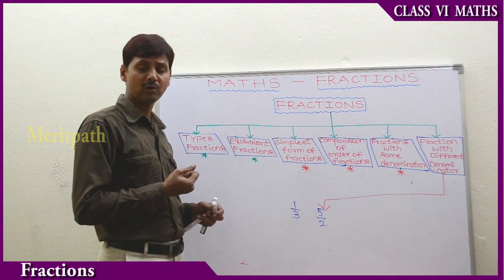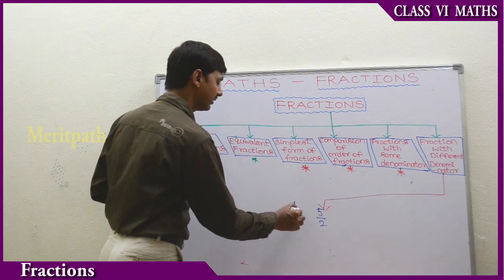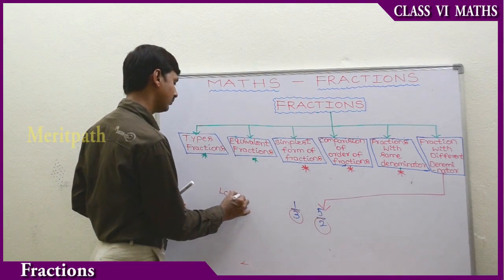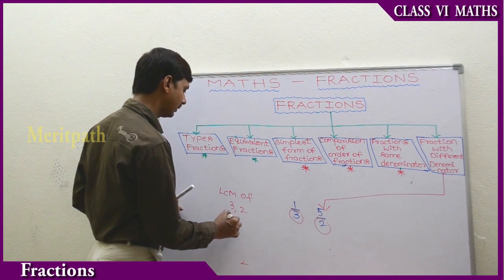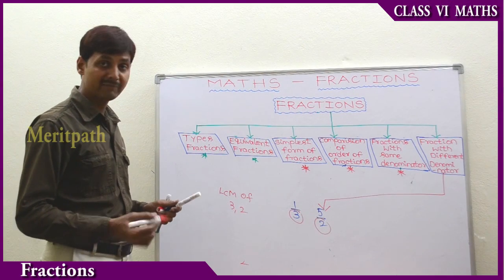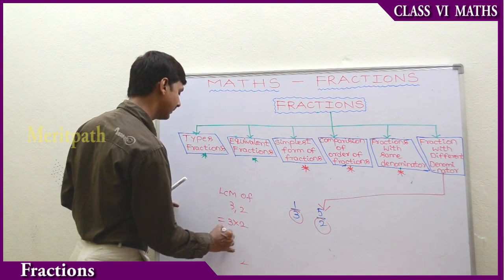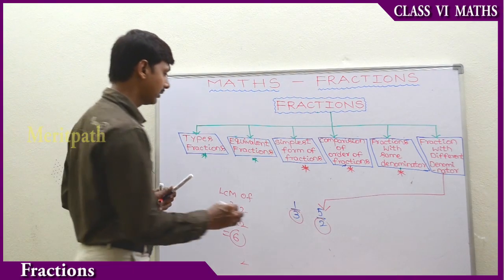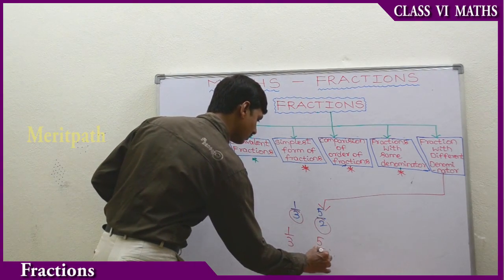To do that, we first need to take the LCM of these denominators. So let's take the LCM of 3 and 2. 3 and 2 do not have any common factors, so the LCM is directly 3 into 2, that is 6. 6 will be the LCM for both denominators, for 1 by 3 and 5 by 2.